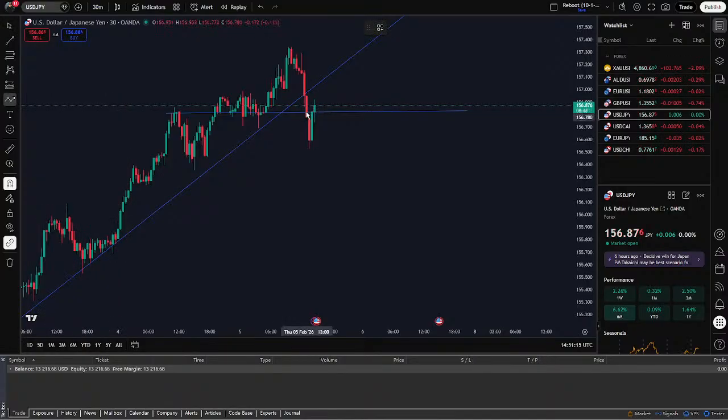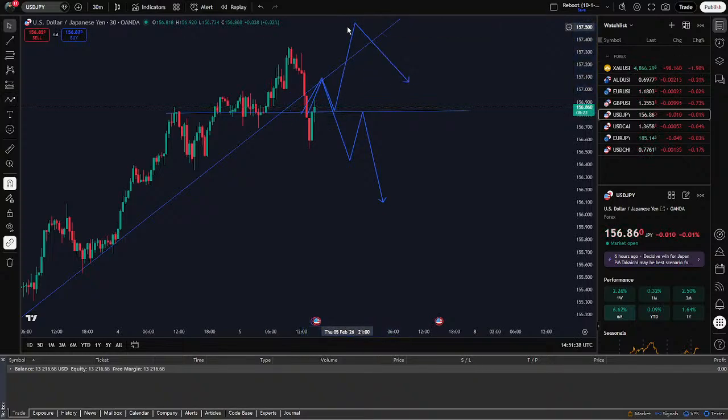For example, if the price comes back here, then this is what we want it to do. If it's not the case, what will happen during the manipulation is that the price will either touch back here, where it broke out from the support, and then go back up.